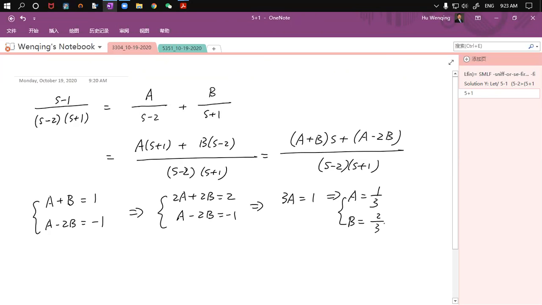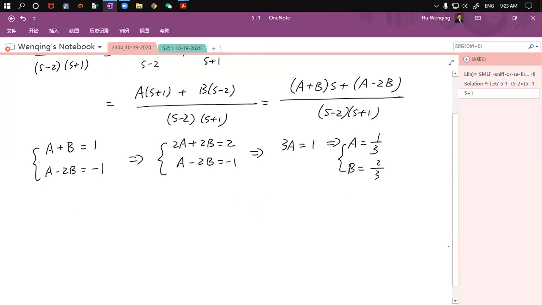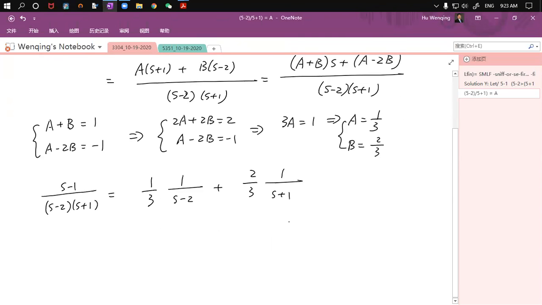With this at hand, you can see that s minus 1 divided by s minus 2 multiplied by s plus 1 has such a nice decomposition. It's 1/3 times 1 over s minus 2 plus 2/3 times 1 over s plus 1. So that's going to be the decomposition.